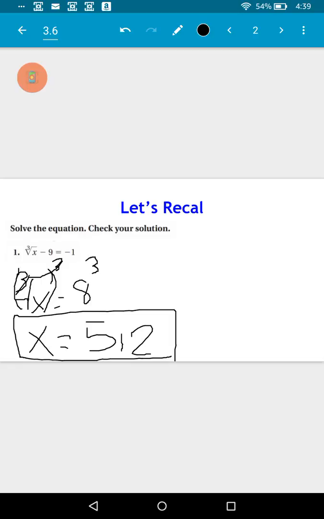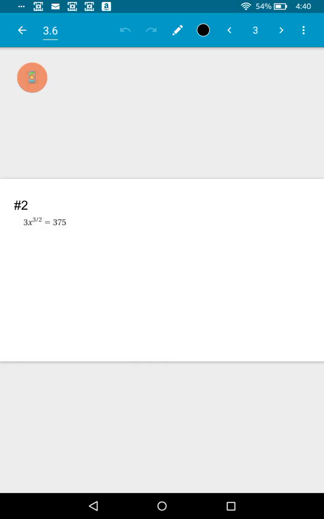In our next example, if I'm going too fast, please just email me, okay? Next example. We have 3x to the 3/2 power equals 375. Remember what I said a few days ago. When we're solving these type of problems, we need to get the variable with that fractional exponent by itself.